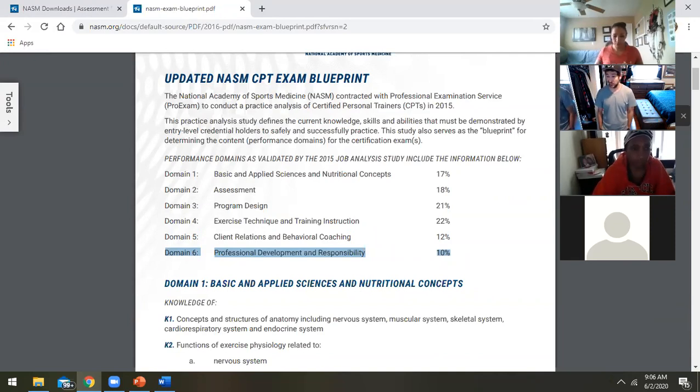But because it is only 10% and the chapter is really small, we've also thrown in a little bit of information about how to write a resume and an effective cover letter. Those are not things you'll be tested on at NASM, but we're going to cover them in this course.